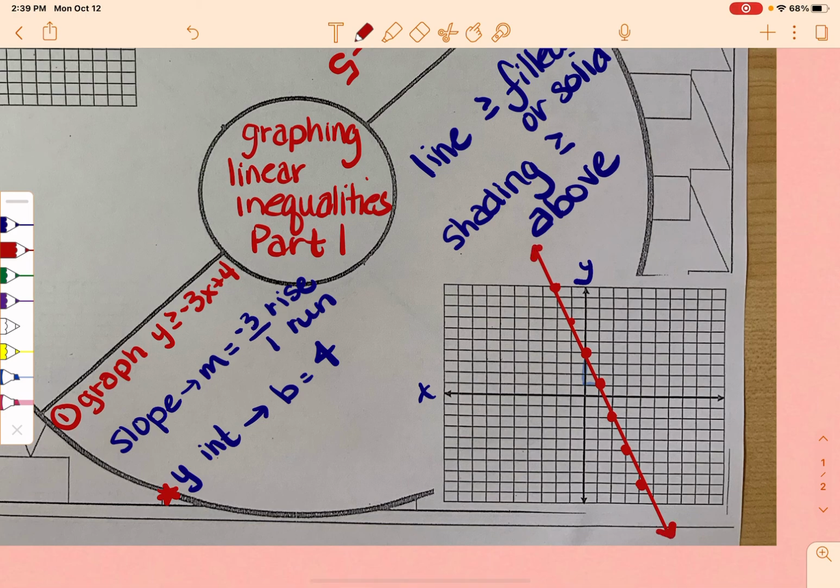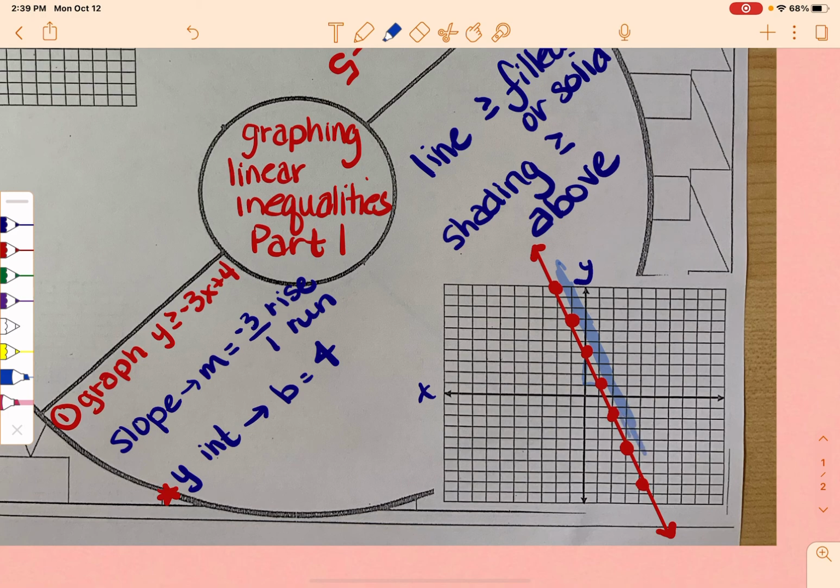Now, one thing I want you to please make sure of is that when you're drawing these, if it's a filled in line, make sure I can still see your points. I know it's kind of hard to do that, but do the best that you can. Now, if I have to shade above, above is going to be on this side.